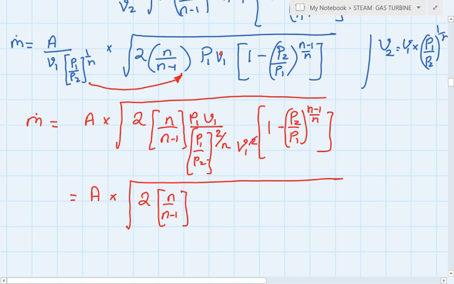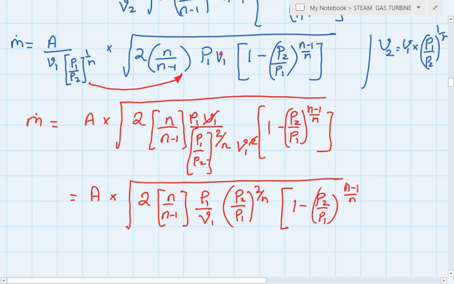I can remove this square, so V1 divided by V1 can be written as V2 by V1. The power won't change, we are just interchanging this. 1 minus P2 by P1 to the power of n minus 1 by n.